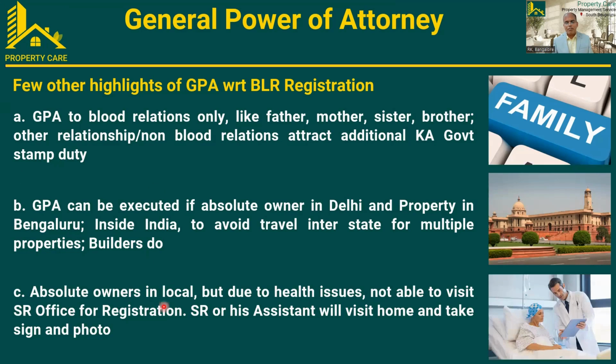The next one is that the absolute owner is local but has some health issues. For example, someone disabled or with some disease or health issue who is not able to visit the sub-register office. In such cases, the sub-register office and his assistant will visit the home and take the photo and signature. That is also possible in Bangalore.